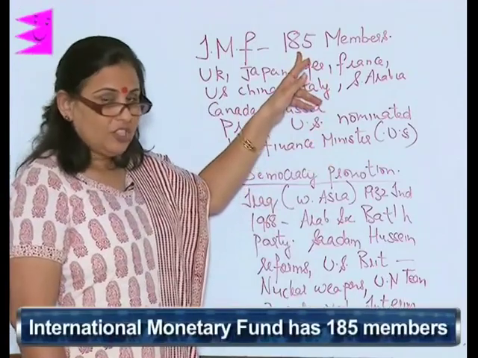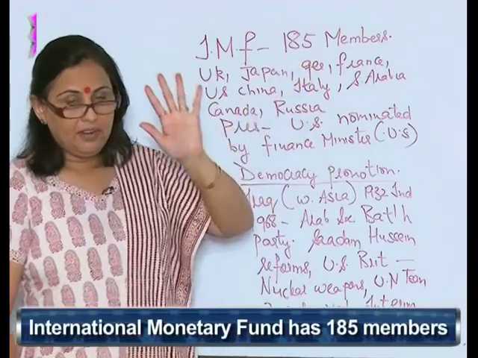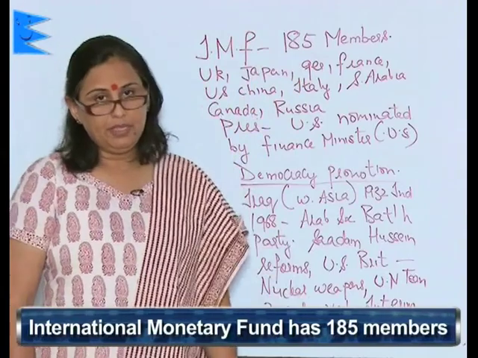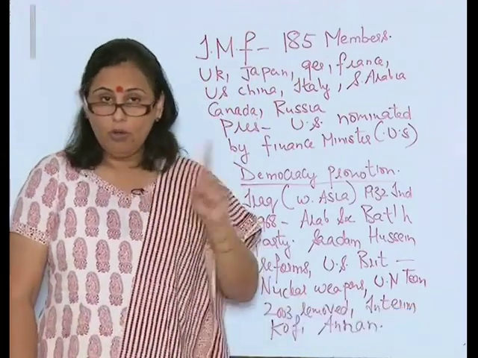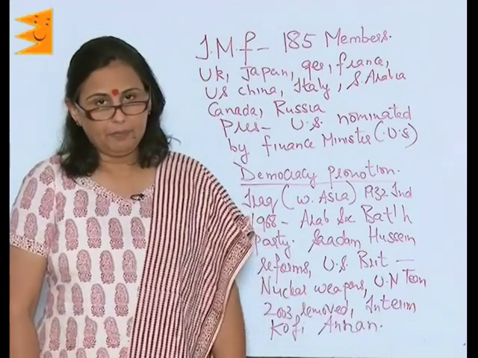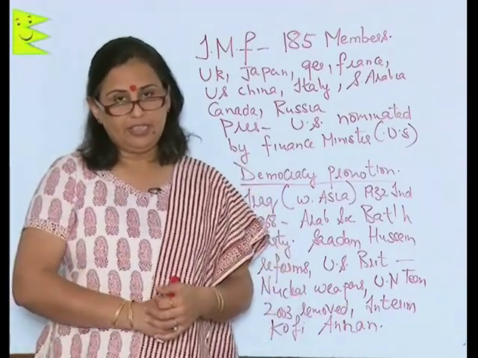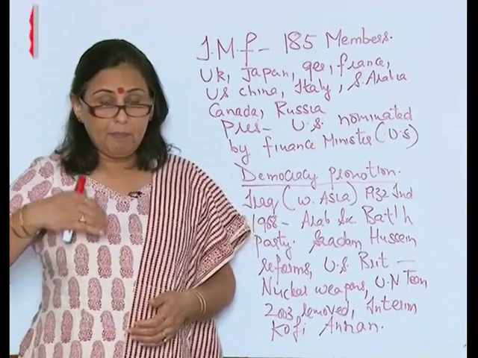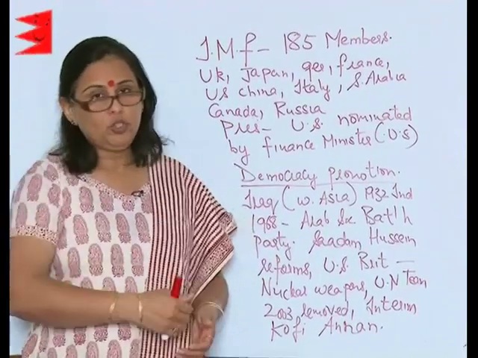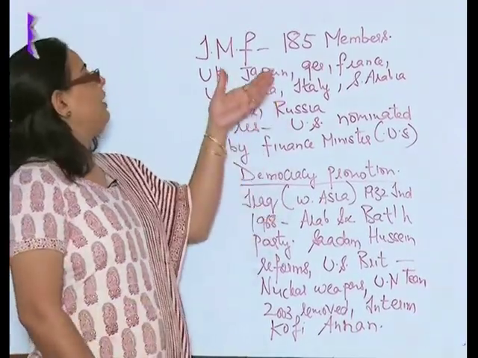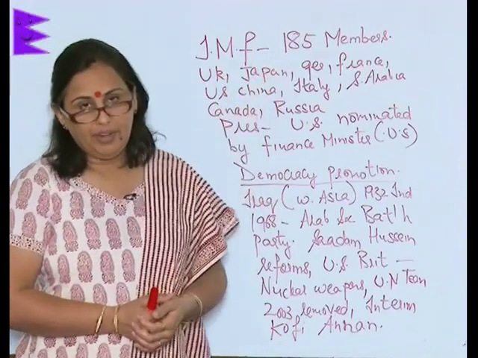The International Monetary Fund has 185 members, but not all of them are on equal footing. You have more say, more strength in the organization depending upon how much contribution you have made to the International Monetary Fund.